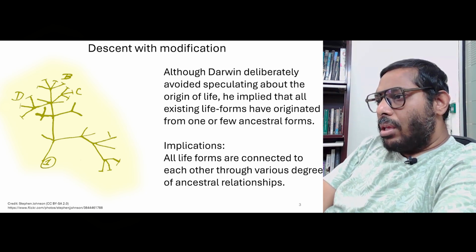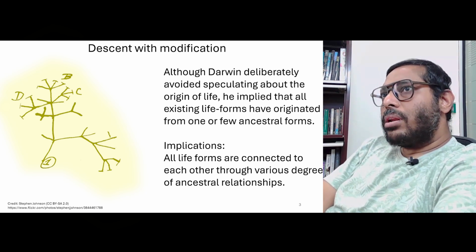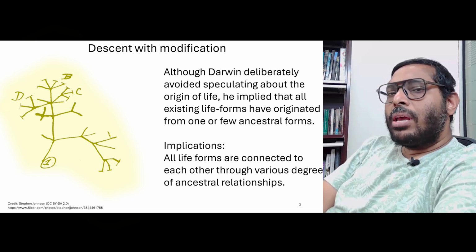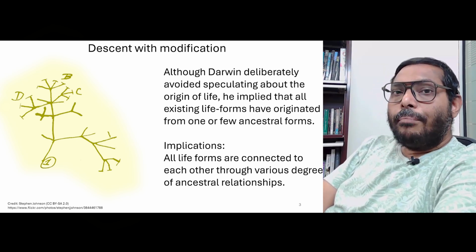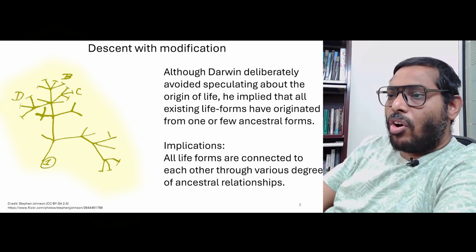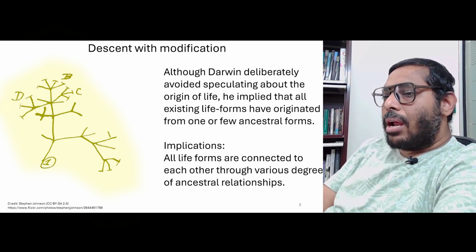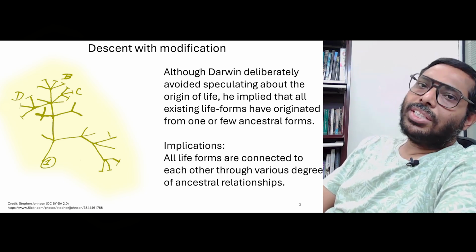Here one has to note that Darwin was very careful. Remember, all this is happening in the backdrop of a lot of other controversies that have already happened, and therefore Darwin very deliberately keeps himself very vague about the origin of life.